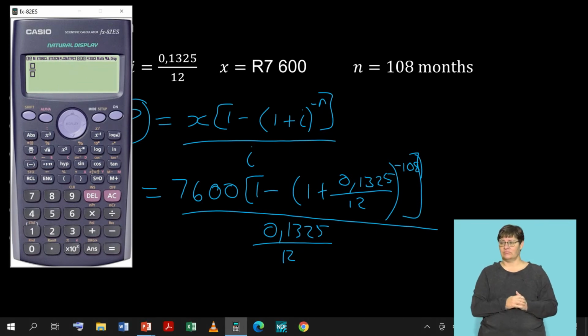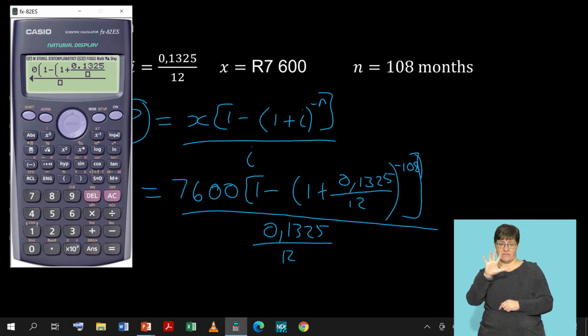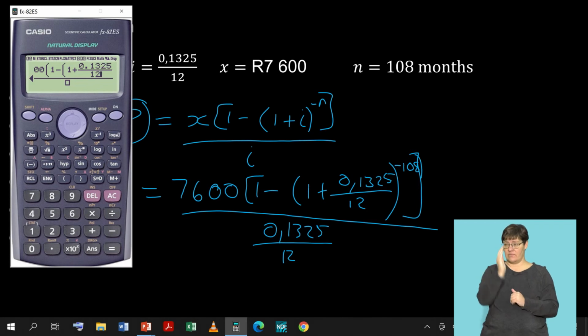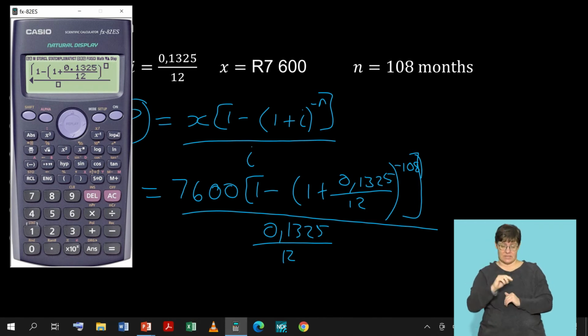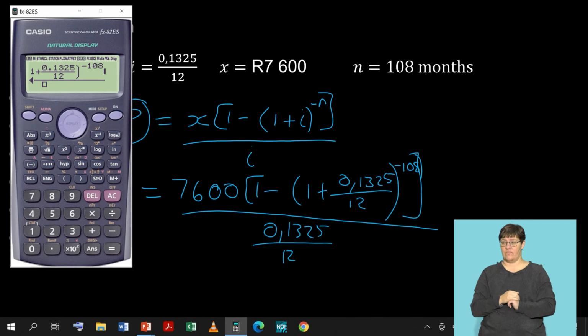On my calculator, I will say 7,600 into 1 minus, open the bracket, 1 plus 0.1325 divided by 12 to the exponent of negative 108, close my bracket, all over 0.1325 over 12.